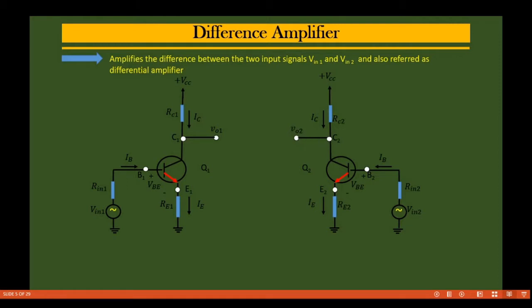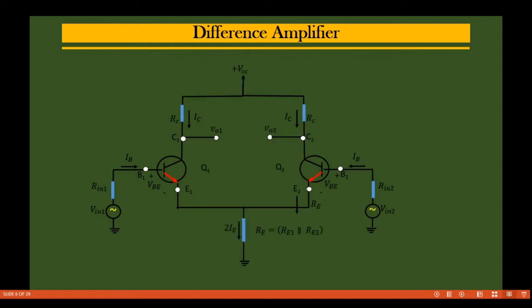that is VO2. Now to make this differential amplifier, we will connect the plus VCC supply to both collector sides, and we will join the emitter sides here.